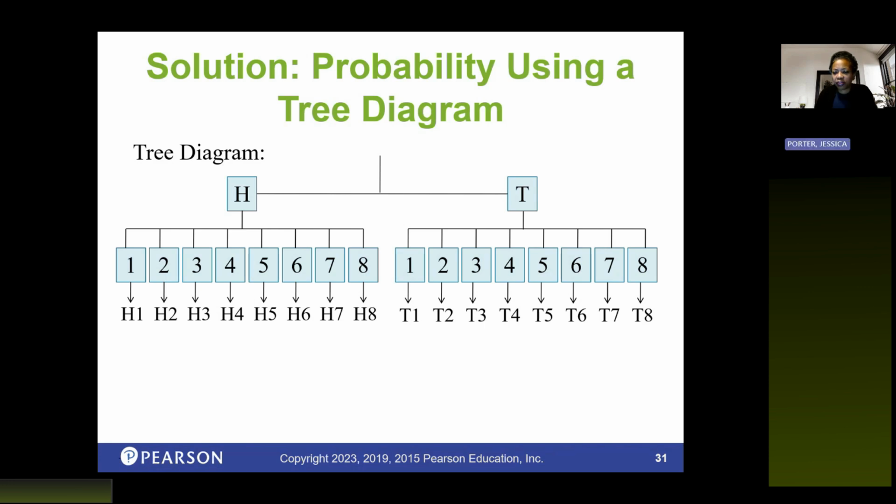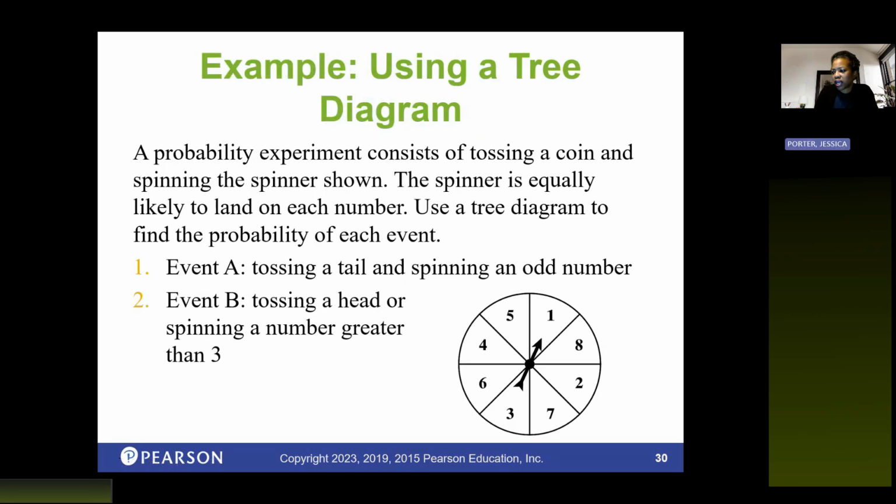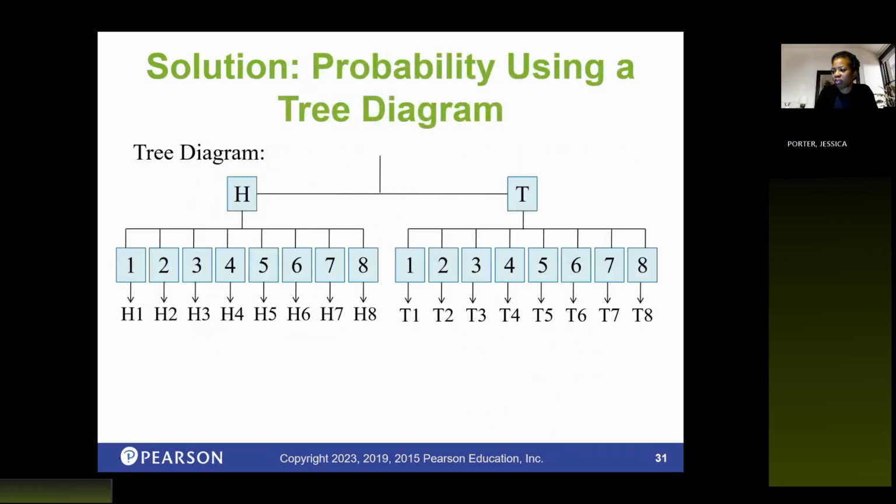What do you think? Got 5 out of 16. Tossing a head or spinning a number greater than 3. So they said or.